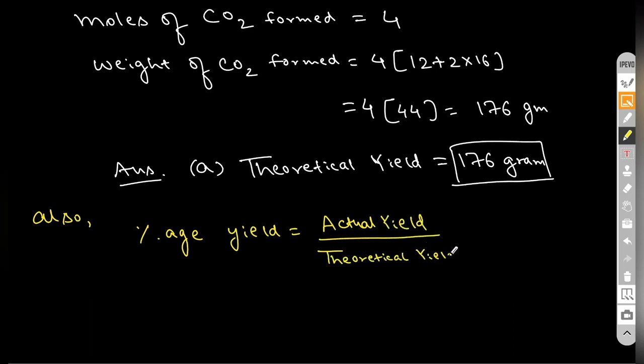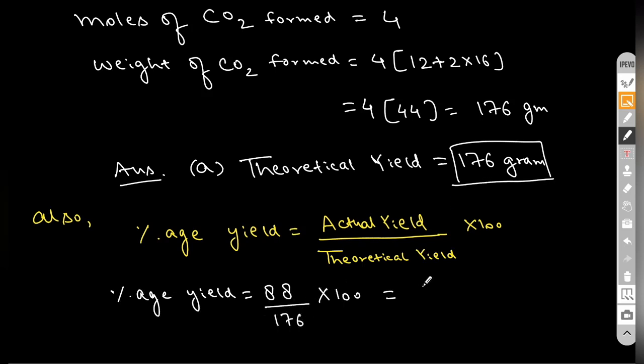This is the formula for percentage yield, right? In the second part we have to find percentage yield, simply putting the values. Actual yield for CO2 given was 88. Theoretical yield, which we calculated through stoichiometry, is 176, multiplied by 100. Answer will be 50%. So this simply is the answer for part B.